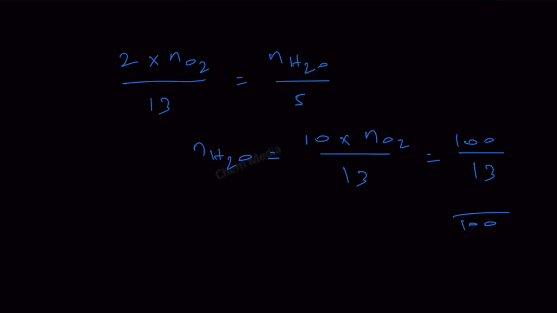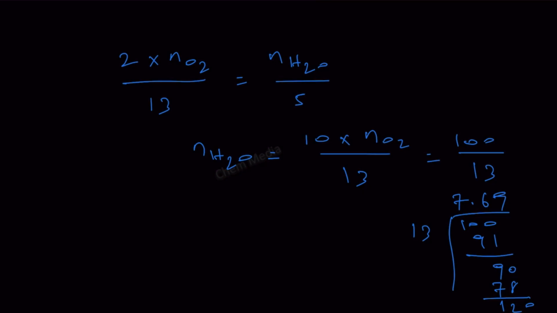Now we need to figure out 100 by 13. So let's do that. 7 times 13 is 91. Remaining 9 we can't divide, so put a 0. And then 6 times 13 is 78. Remaining 12 we can't divide, so put a 0 once again. And then if we do 9 times 13, then it would be 117.